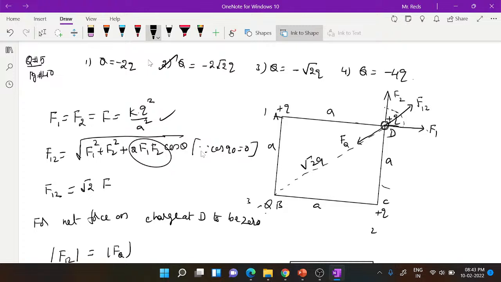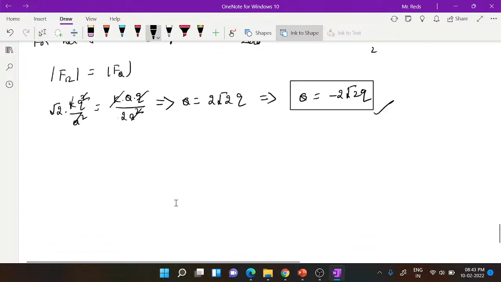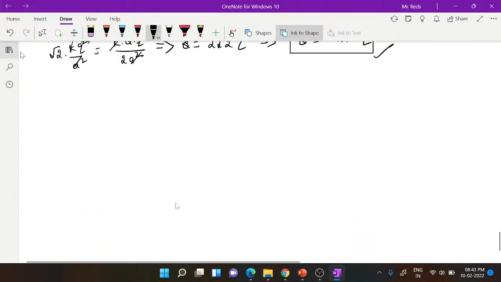The question is, the electrical force between 2 point charges is 200 Newton.